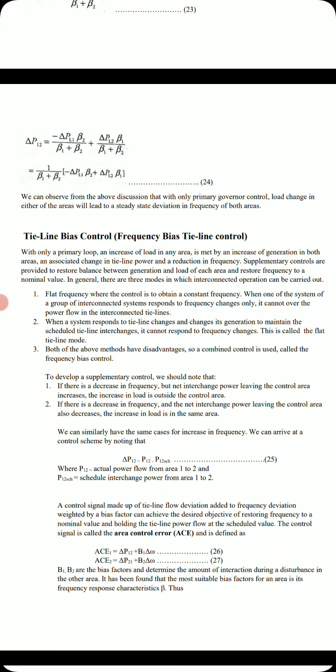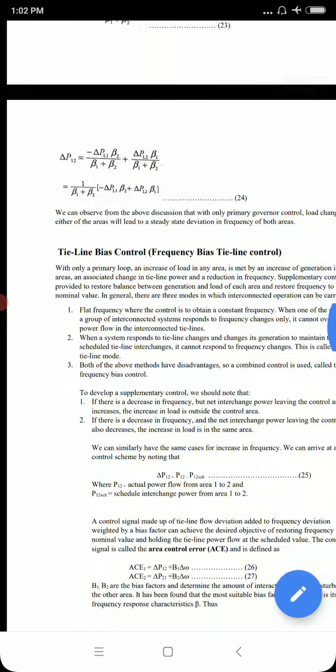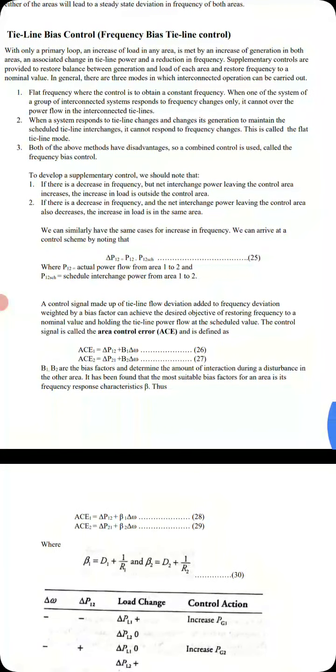We have seen in an isolated system that the addition of the integral controller stabilizes the frequency deviation to 0. In the same figure in the previous class, we saw two similar areas. Considering that area 1 is supplying 150 megawatt to area 2, assume an increase in the load of 50 megawatt in area 2 occurs.